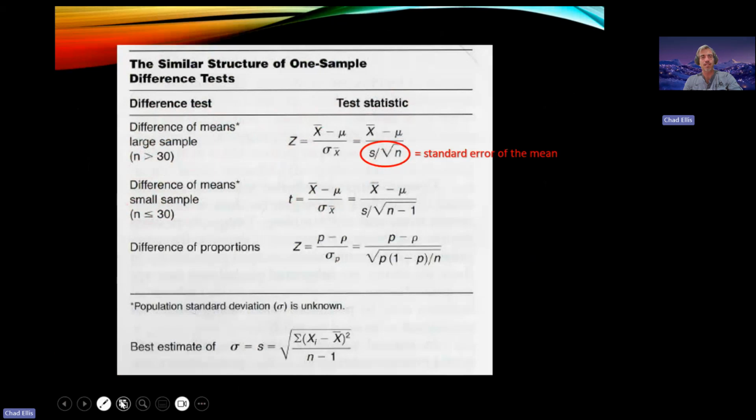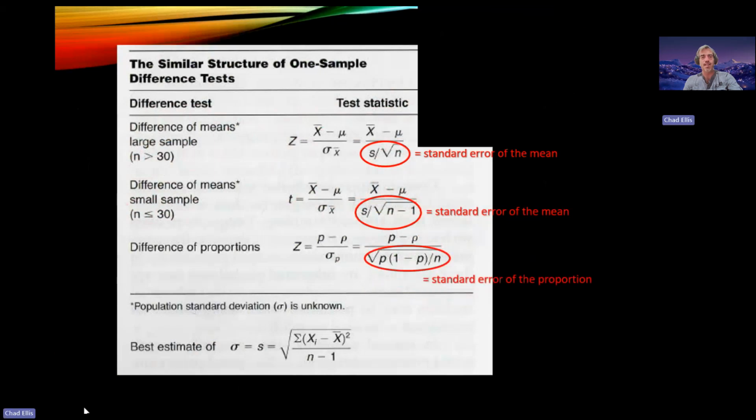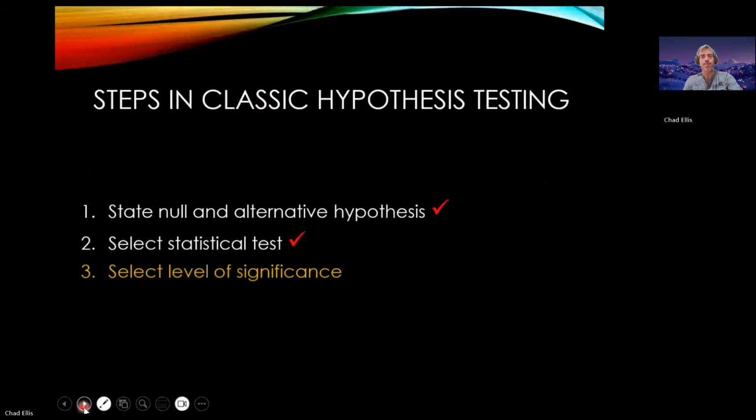You can see that the t-stat and the Z-stat are very similar, but the t-stat adjusts for the small sample size by this small change here, where instead of just having n, we have n minus 1. So the Z-stat and the t-stat are calculated in similar ways.